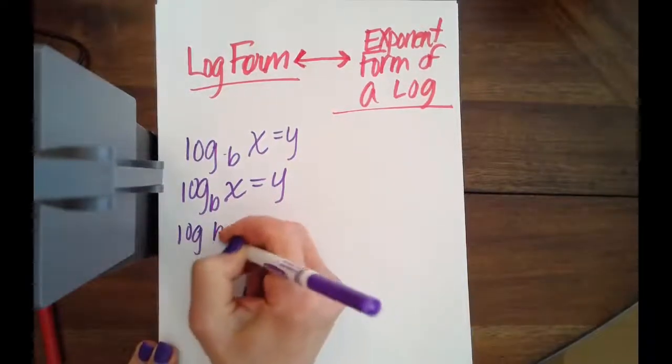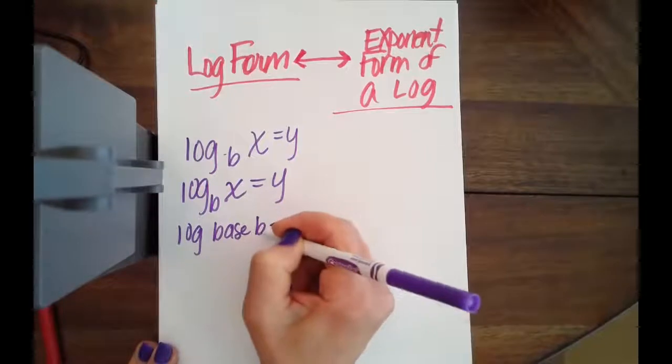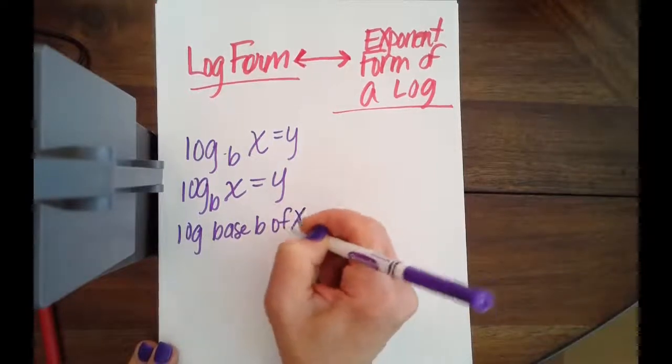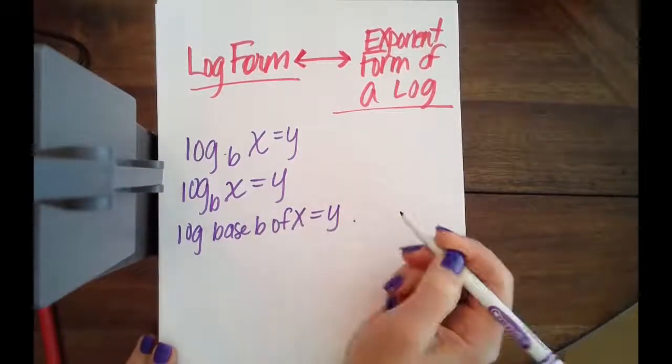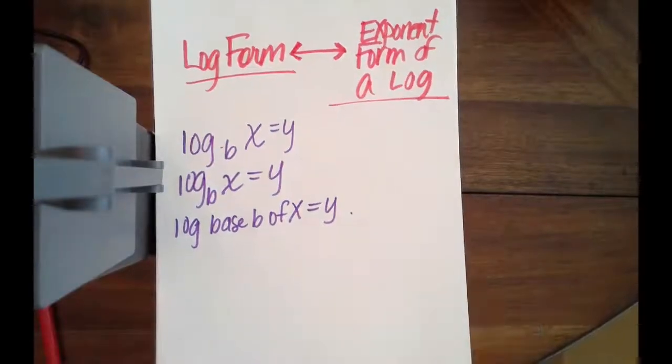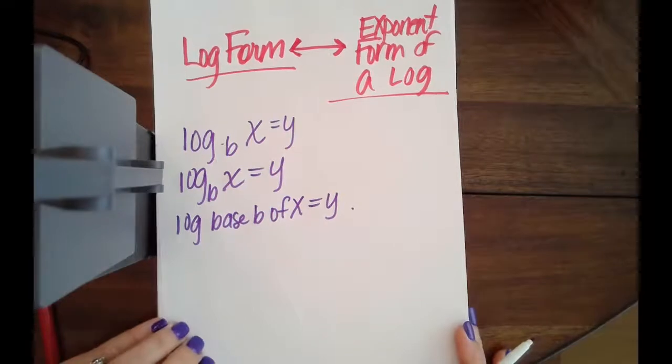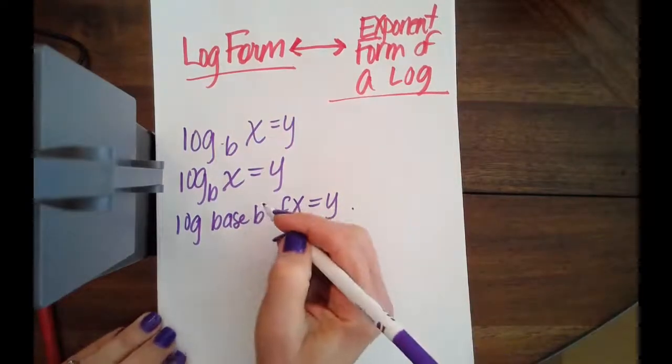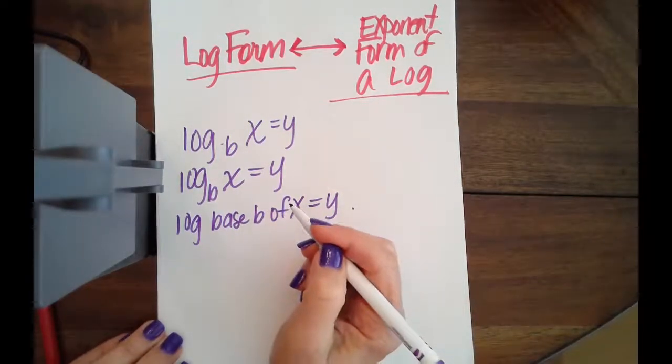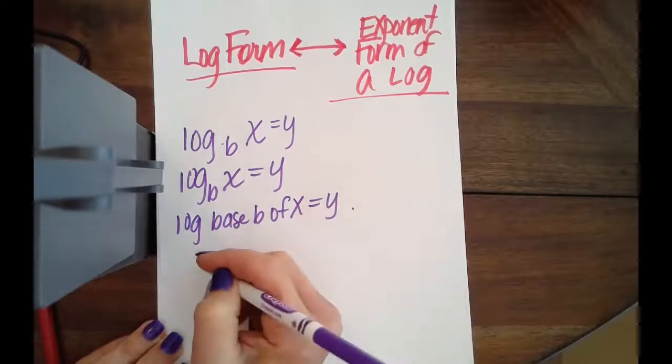Log base b of x equals y. So instead of a b and an x and a y, I'm going to actually replace those with values. But first, let me go ahead and just give you an example.